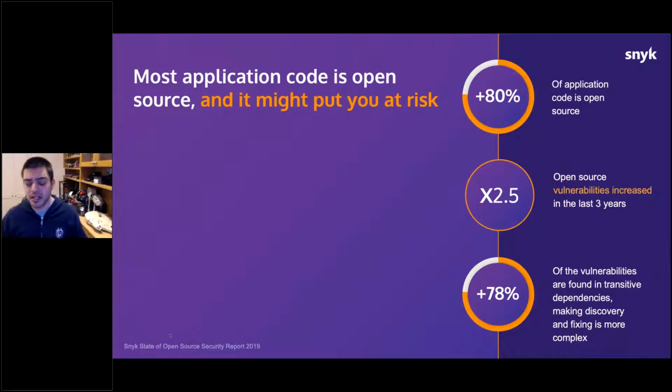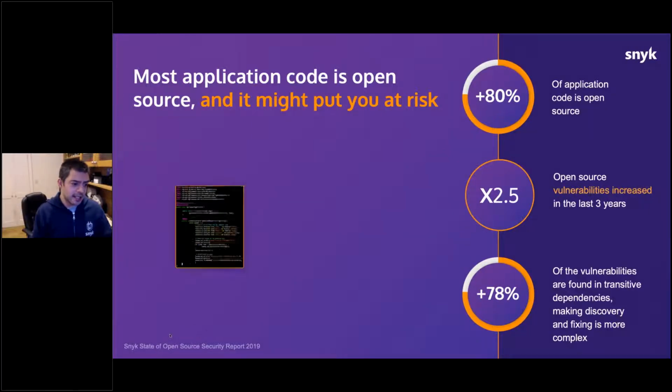What this means is that the dependencies we pull in directly in our POM XMLs or our package JSONs bring in further dependencies, the libraries they require in order to run. Those dependencies and beyond contain the vast majority of the vulnerabilities.